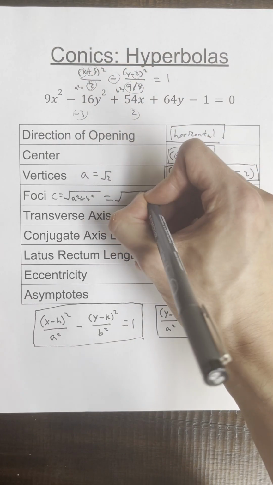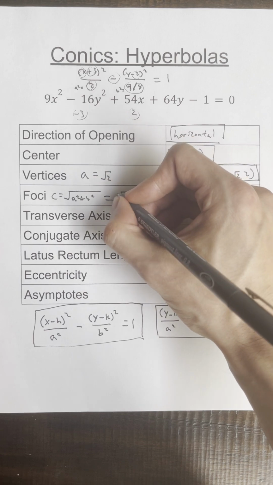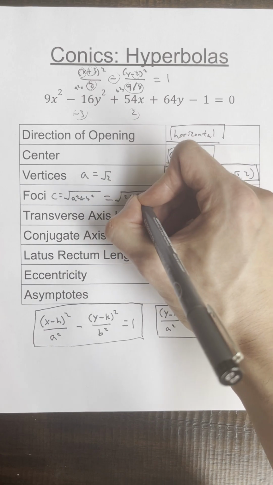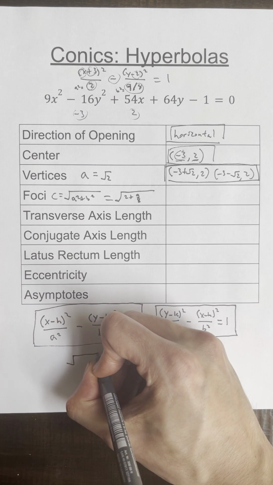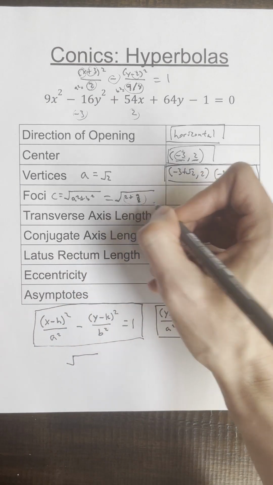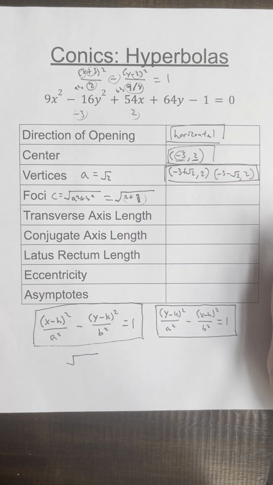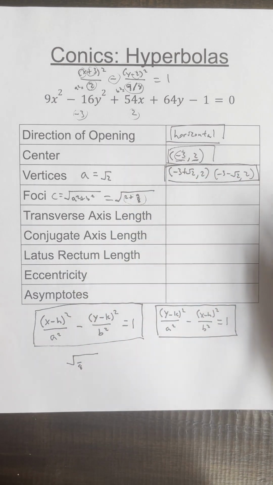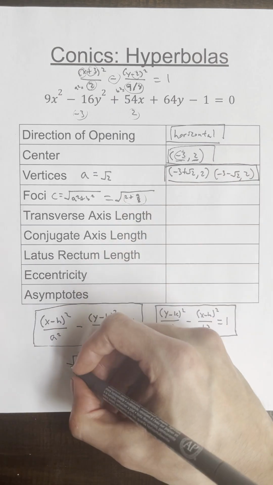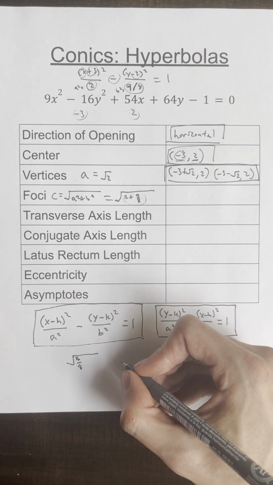Okay, so this turns into square root of 2 plus 9 over 8. I'll just write it here. So how do we convert this into an improper fraction? 2 is equal to how much divided by 8? 2 is equal to 16 divided by 8.